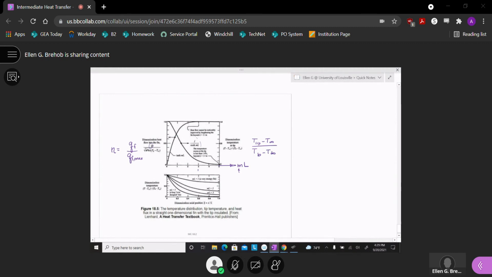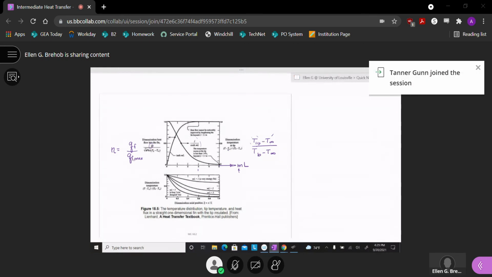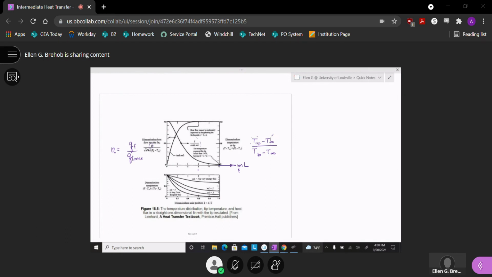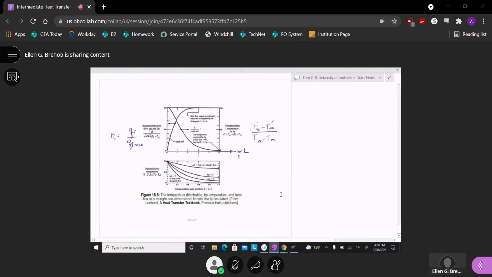Okay. So as we get to a longer and longer fin, the tip temperature is almost T infinity. So now we're looking at this curve. It drops off pretty significantly. This non-dimensional temperature gets very close to 0 as the fin gets longer and longer. So these are both features that you may expect. Part of the point for this is to think about what an infinite fin means.